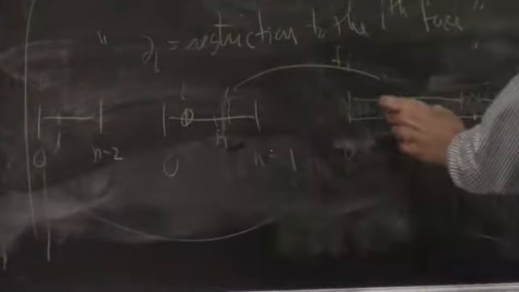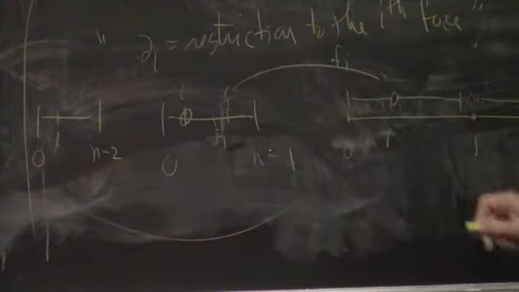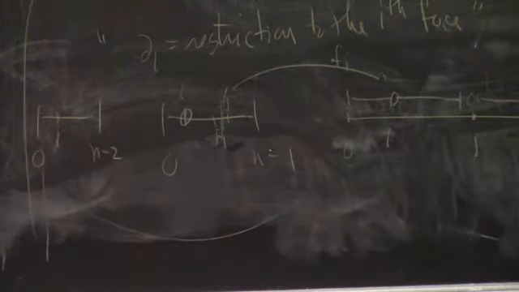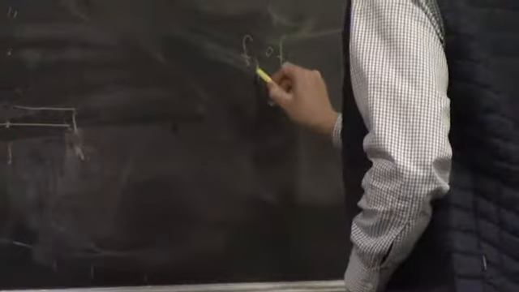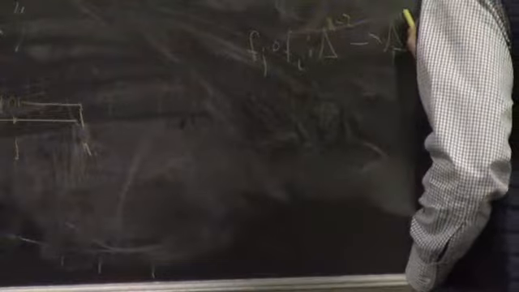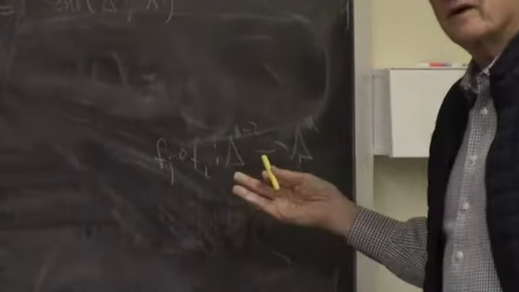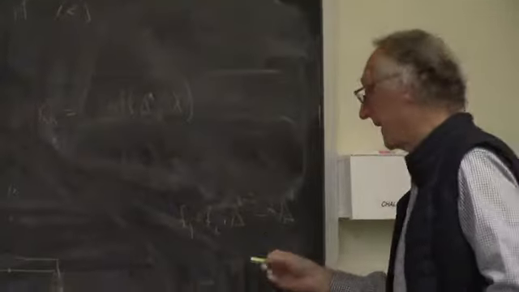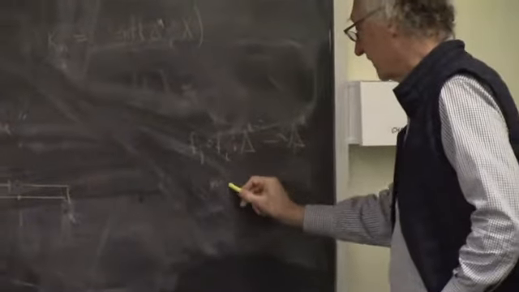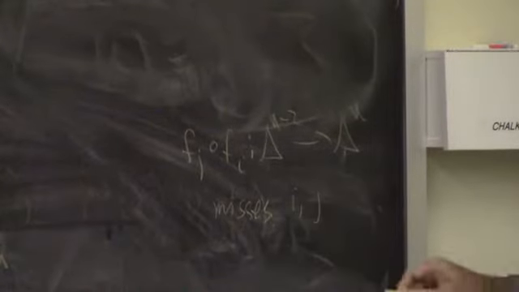And then when you go over here, you miss the ith vertex. So fi compose fj maps delta n minus 2 into delta n. It's strictly order preserving, it's injective, and the image misses the vertices i and j.